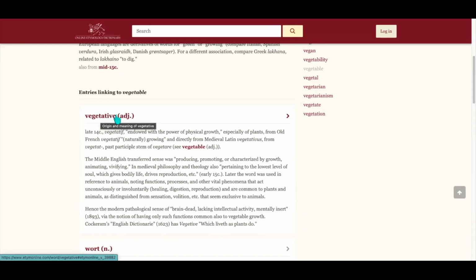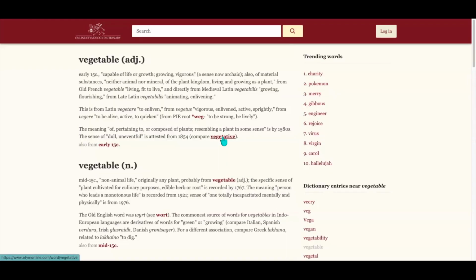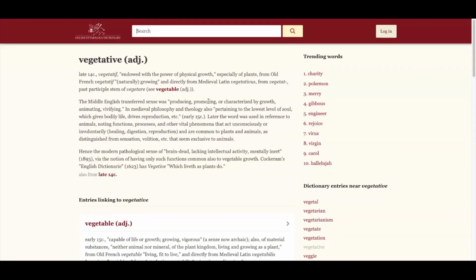Vegetative, vegetate, veget, and then ABLE on the end, maybe VEGET, because that would go with vegetative. So we'd have to do a little bit of digging in that word.